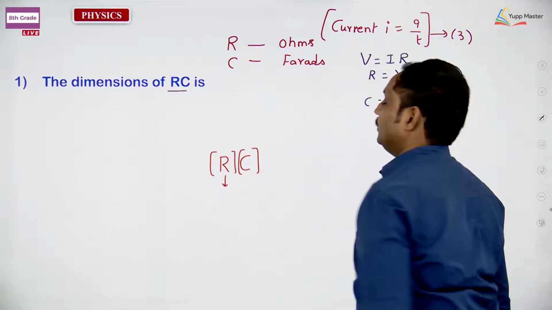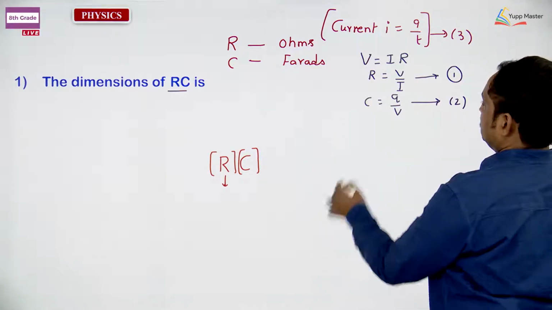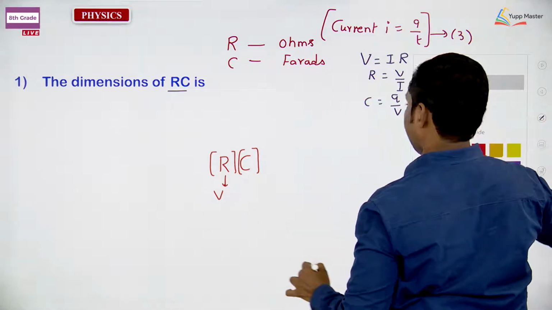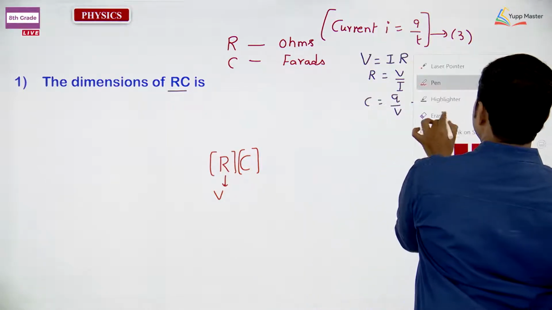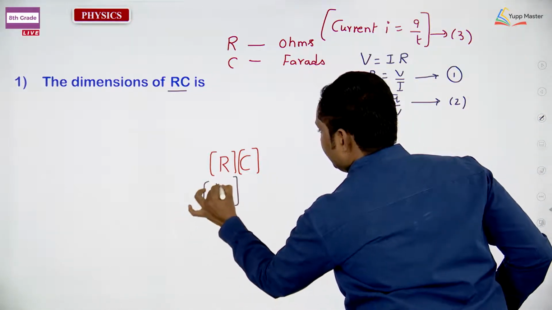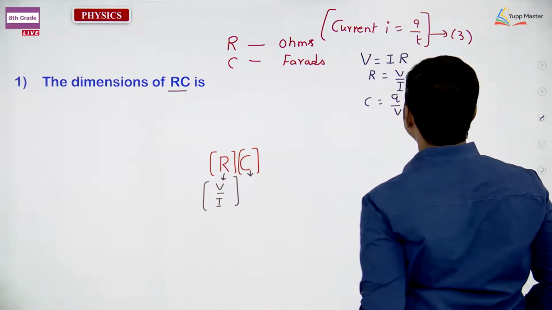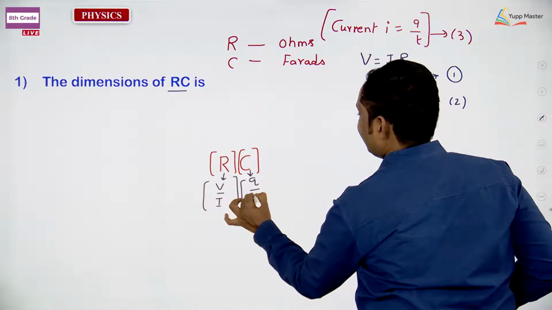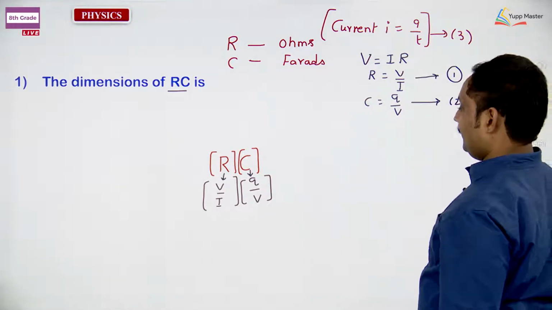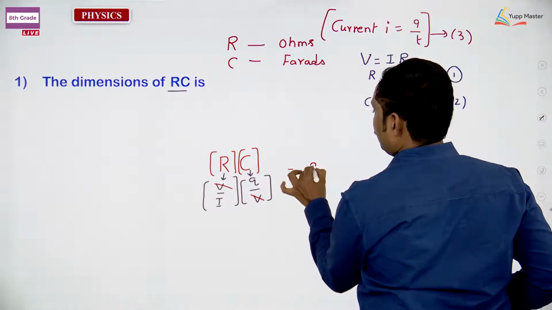R is equal to V by I, so this is written as V by I. And C is Q by V. So V and V cancel, and finally it is equal to Q by I.